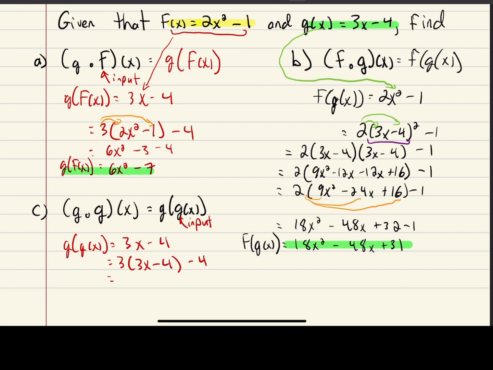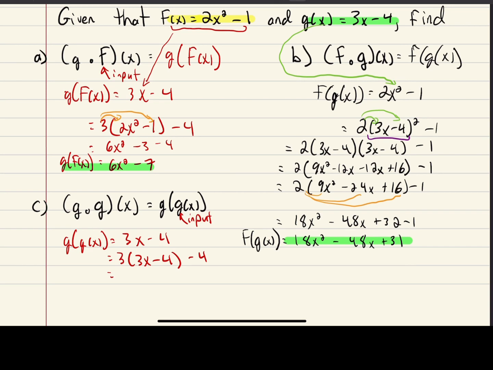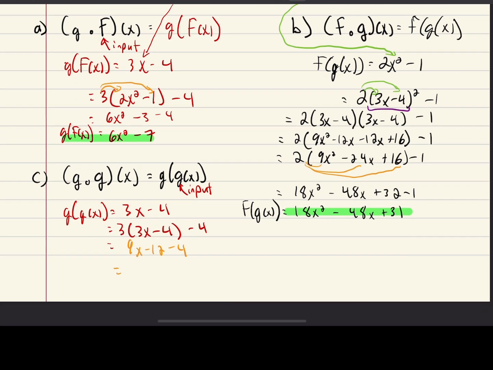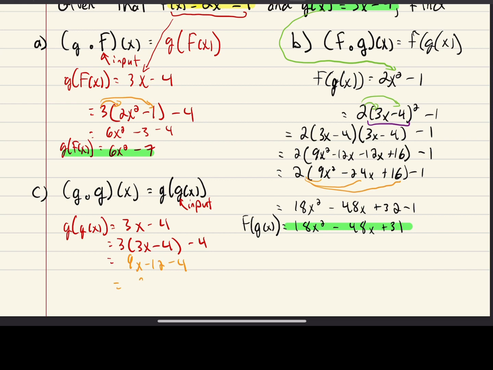And then the rest is just like we did before, where you have to do the distributive property. When we do that, you end up getting 9x minus 12 minus 4, which will simplify to 9x minus 16, and that is the g of g at x.